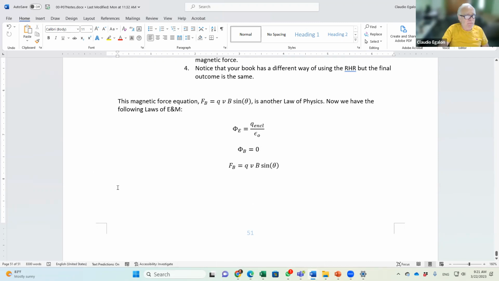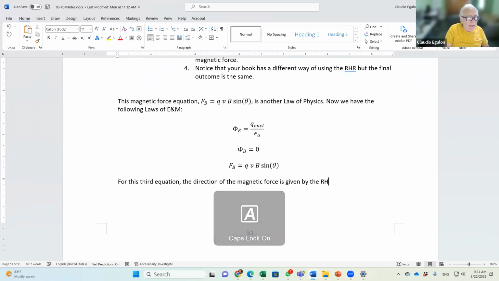For this third equation, I'm going to emphasize, the direction of the magnetic force is given by the right-hand rule.